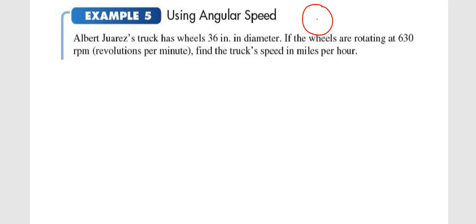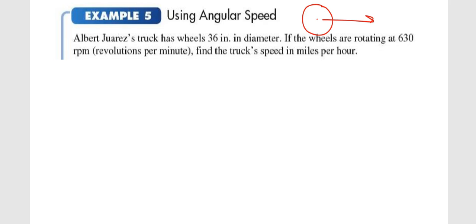If you've done this in a science class or a previous math class, you take the circumference of a wheel or tire, and that circumference would be the same linear distance that the tire would travel if you took it and cut it open. A lot of times they talk about how if you cut it open and lay it down, you would see the linear distance. When the wheel travels one time around, that's how far you would move forward.